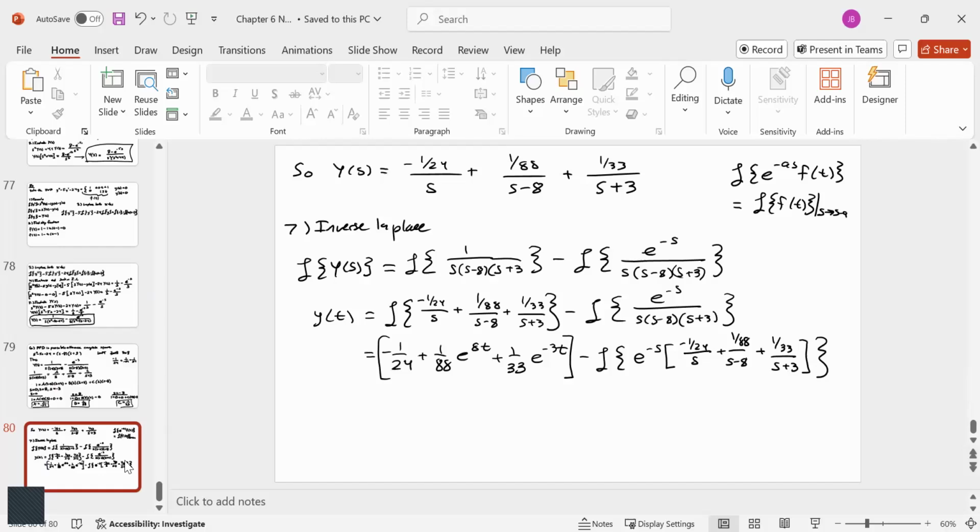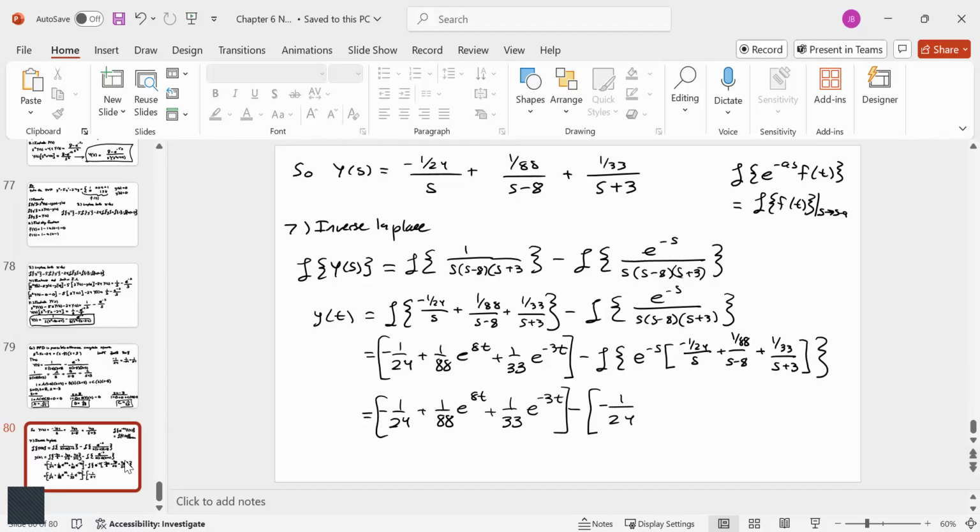So what's the Laplace transformation of all of this? Well, it's just what we have on the left, right? So then this is equal to negative 1 over 24 plus 1 over 88 e to the 8t plus 1 over 33 e to the negative 3t, and the numbers don't shift.